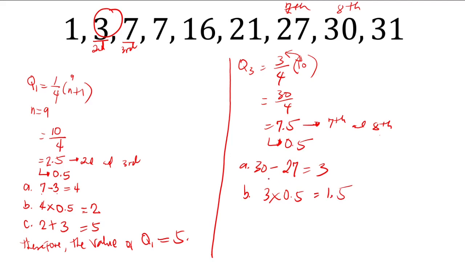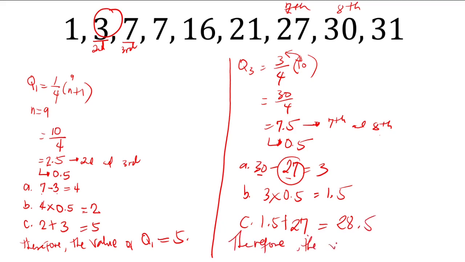And then, yung anong mas maliit dito sa dalawa, 30 o 27? 27, ano? So, we have 1.5 plus 27 or 27 plus 1.5 kung ano mas gusto mo. So, that is 28.5. Therefore, the value of the upper quartile or the third quartile is 28.5.